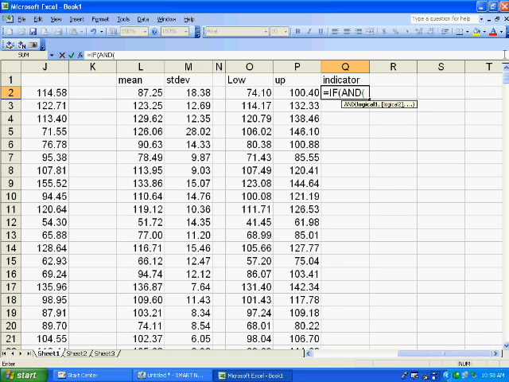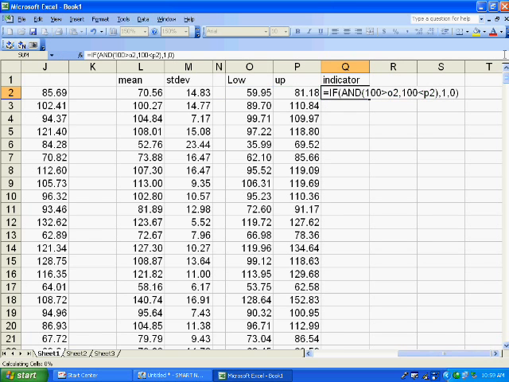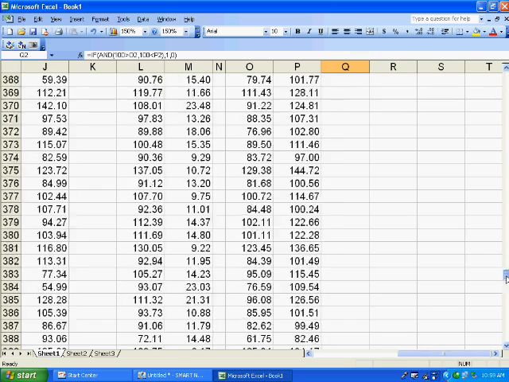If 100 is greater than O2, comma, and 100 is less than P2. If that's the case, I want to print out 1. Otherwise, I want a 0. Okay. And let me copy that down.